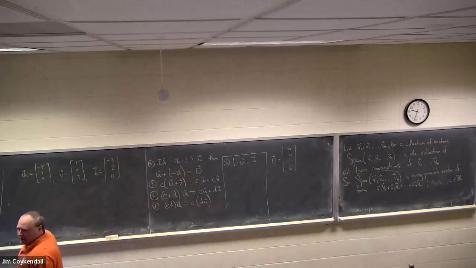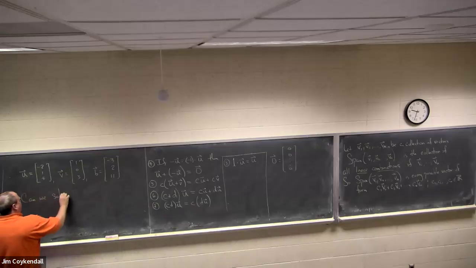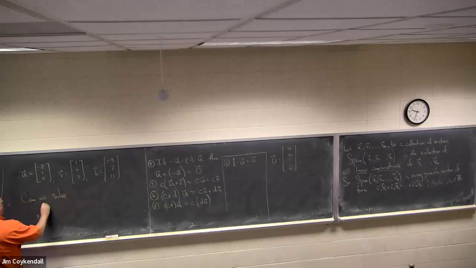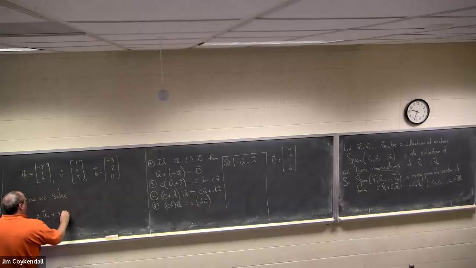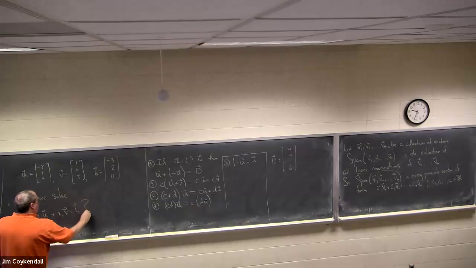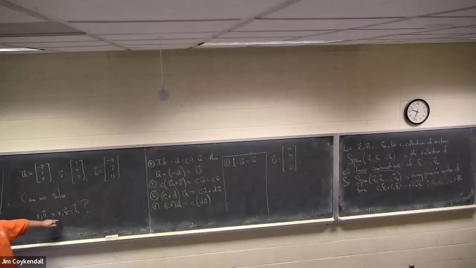Now I can write a vector equation as follows: x1 u plus x2 v equals b. Can we solve this equation for x1 and x2? Can we find values of x1 and x2 that balance this equation?